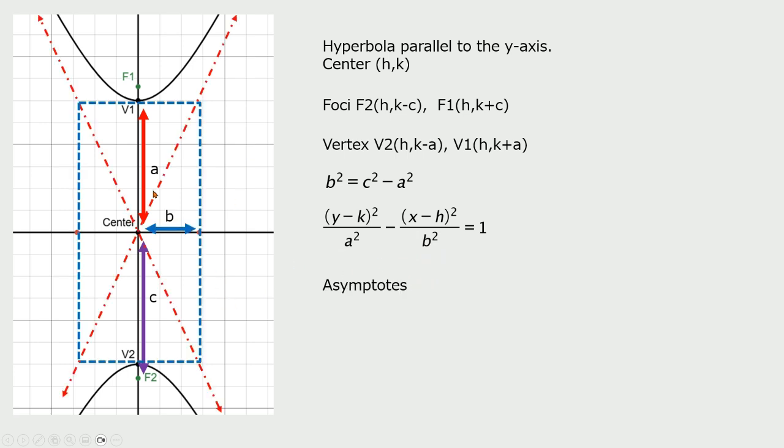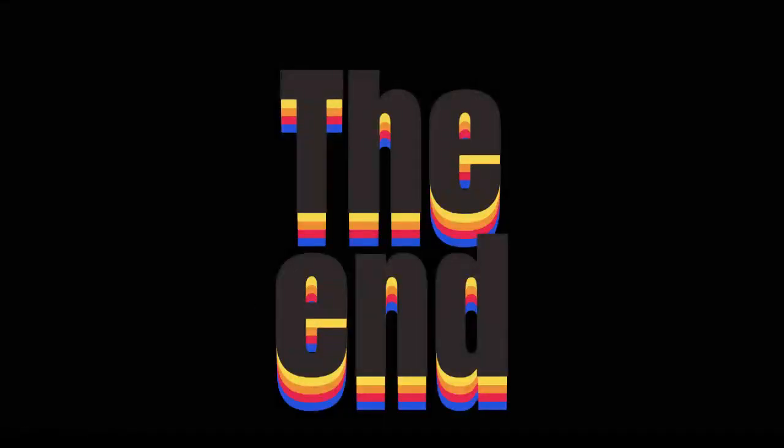The asymptotes are the same. They go through this rectangle that you make with a and b, but now the slope changes because the change in y is a and the change in x is b. So the asymptotes are y minus k equals plus or minus a over b times (x minus h). Okay, that's all I have.